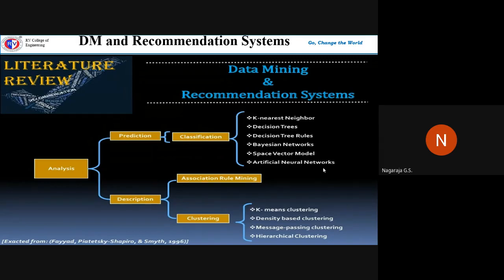Again, a lot of implementation may be required to work with a very specific application. Coming to the other part, the description, there will be association rule mining description, or clustering description, where in clustering you can look at k-means clustering, density based clustering, message passing clustering, hierarchical clustering.